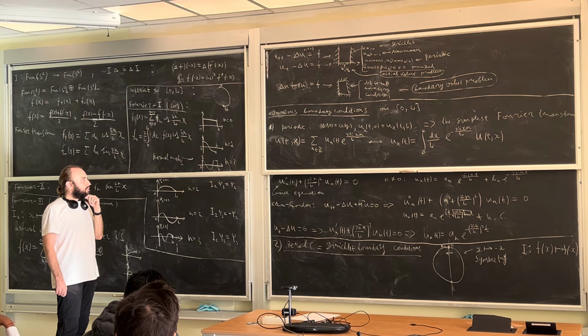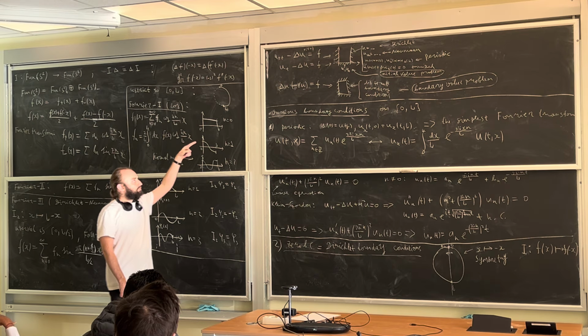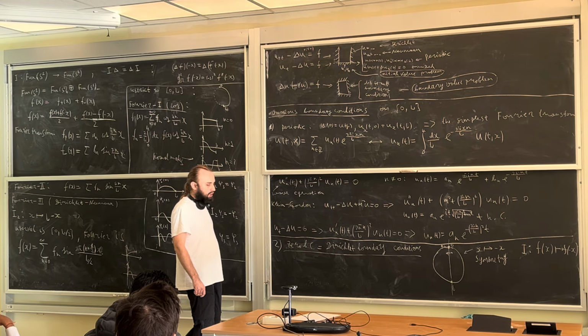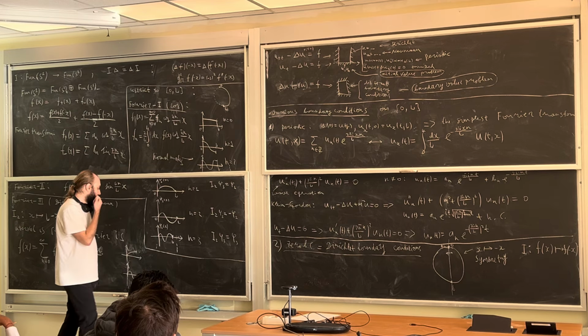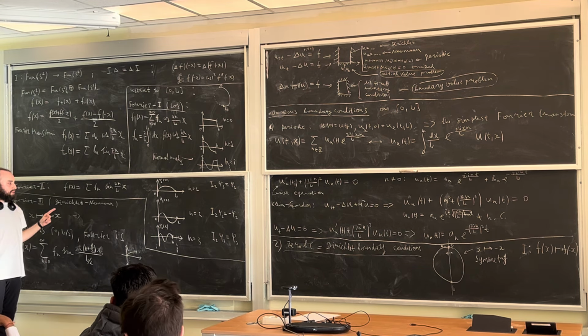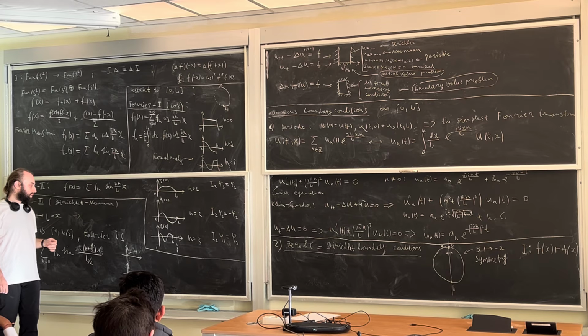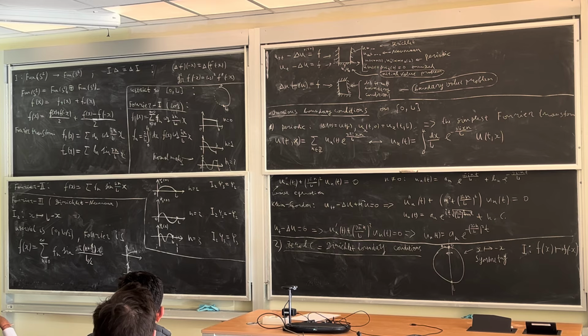The only problem is that there is this last case of mixed boundary conditions, and it is more complicated because if you look for the space of functions that satisfy such boundary conditions, we need to solve some transcendental equations, and we cannot describe them in such a simple way. So, do you have any questions on this?